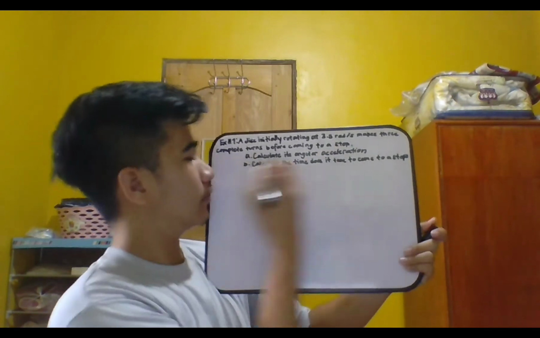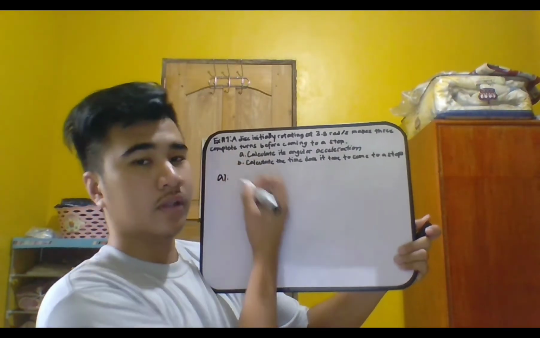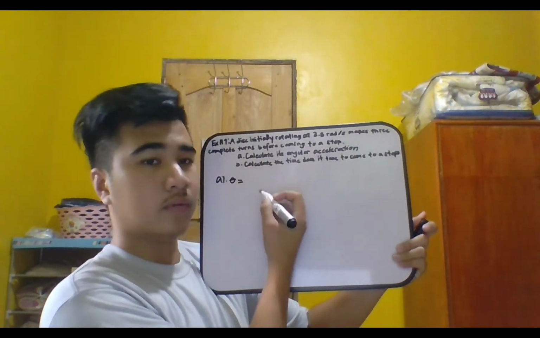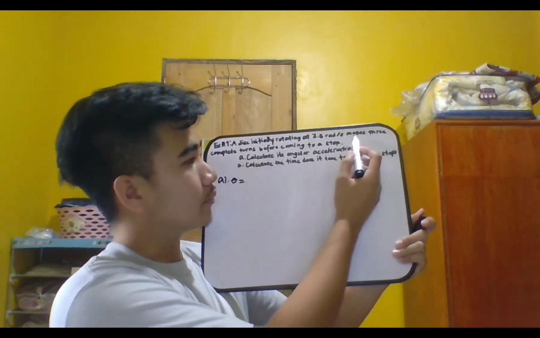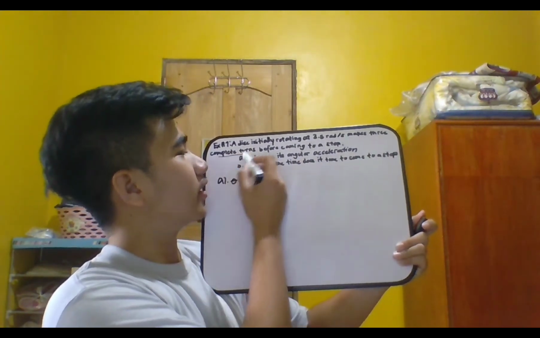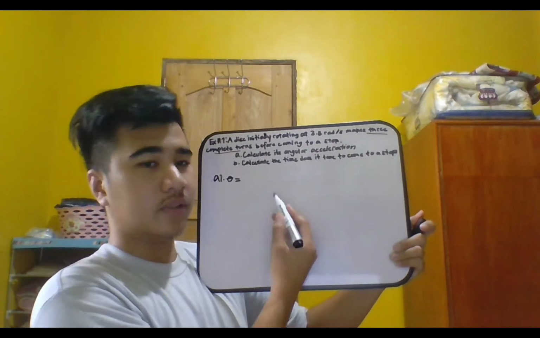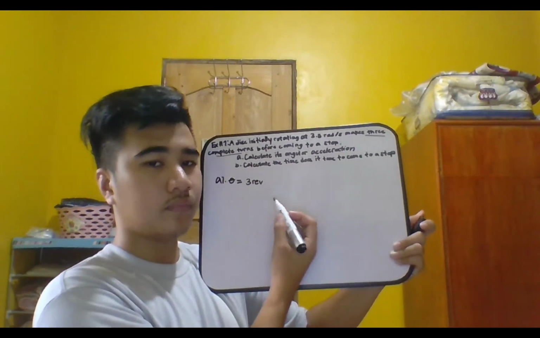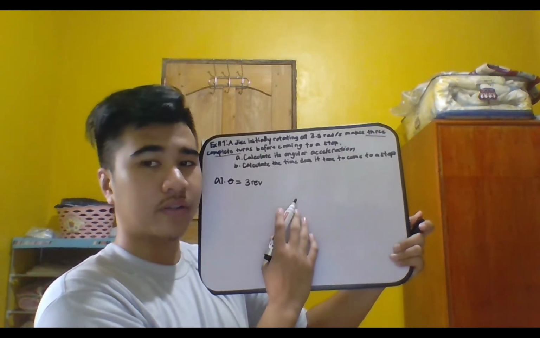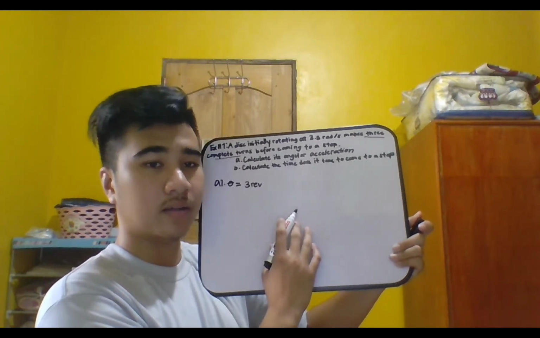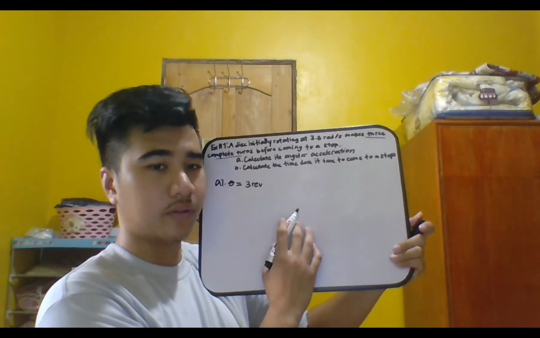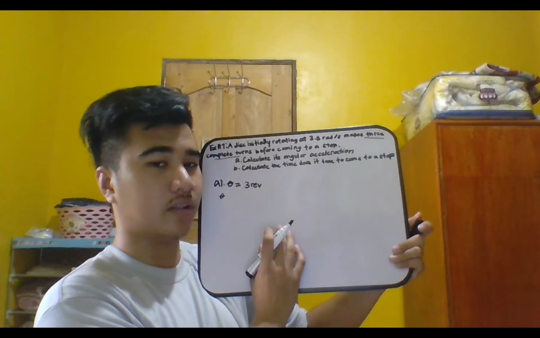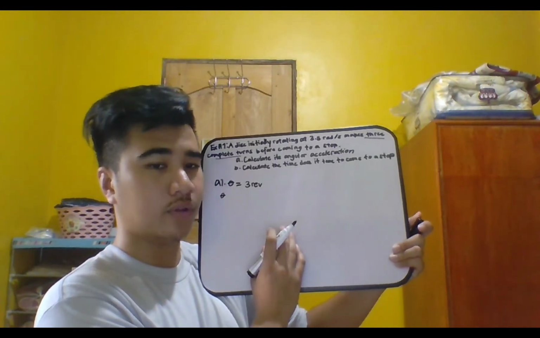For letter A, given sa atin yung angular position theta in revolution, ang sabi dito, makes 3 complete turns. Ibig sabihin, 3 revolution o 3 ikot, and then i-convert natin sa radians dahil kapag gagamitin na natin yung equation for angular quantities and the rotational motion under the constant angular acceleration, dapat naka-radians yung position.